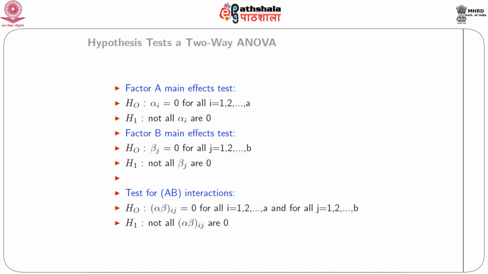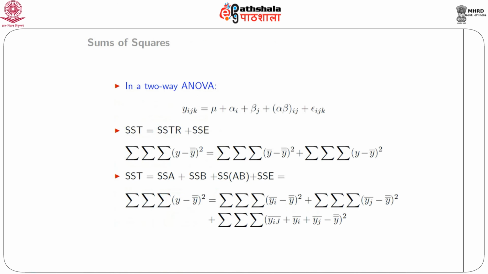Just remember, you do not need to substitute j in place of i, because j is a dummy variable and so is i. So, you can even substitute a in place of i. For interactions, you can similarly test that all the alpha beta ij's are equal to 0, and the alternative is that they are not all 0. But as I have already mentioned, the last test must be done first. Only if it is accepted, you can proceed to test the earlier two sets of hypotheses.